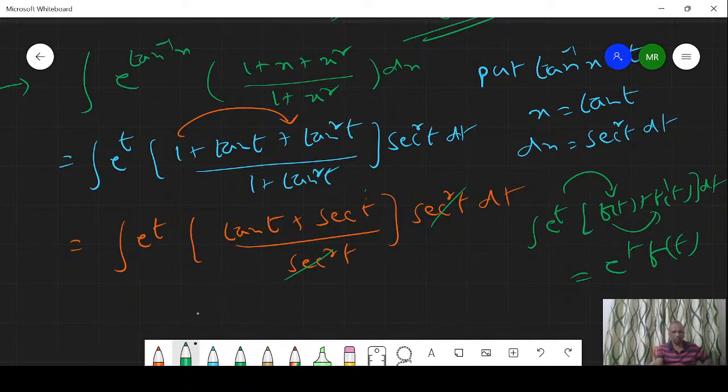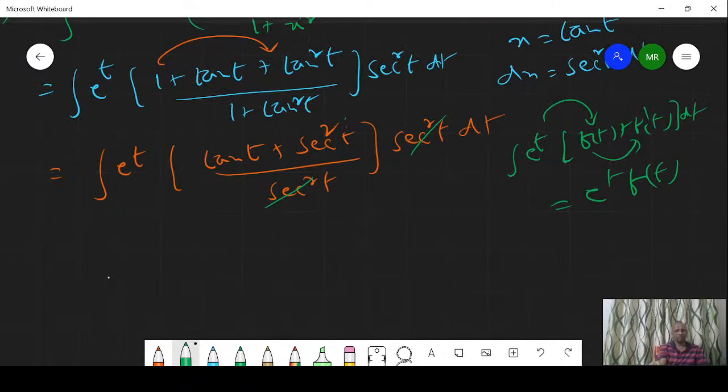Correct. So the answer will be e power t into tan t, which is equal to e power t into tan t plus c.